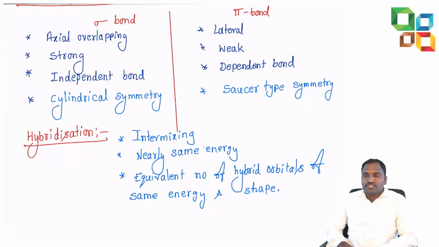Process of intermixing of atomic orbitals of nearly same energy to form equivalent number of hybrid orbitals of same energy and shape.